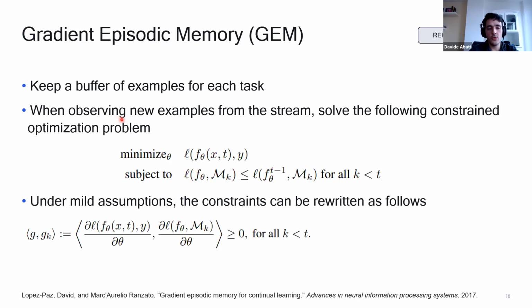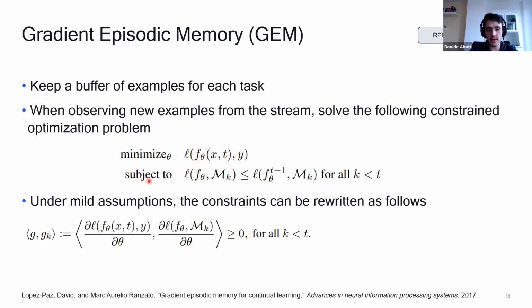So the approach that this paper uses: when examples are retrieved from the training stream, we want to minimize the loss over those new examples, right? But we also have the buffer that we can use to constrain the update. So what we do is to minimize over the parameters the loss, of course, over the stream.